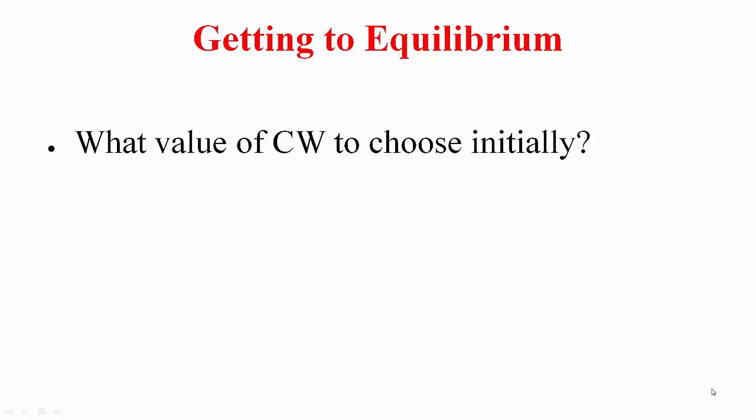So the first problem is getting to equilibrium. That is filling up the pipe. For this, what value of the congestion window should we choose initially? The bandwidth delay product that your flow is entitled to could vary from 1 packet, 10 packets, 100 packets or 200 packets. You don't really know when you're starting out.